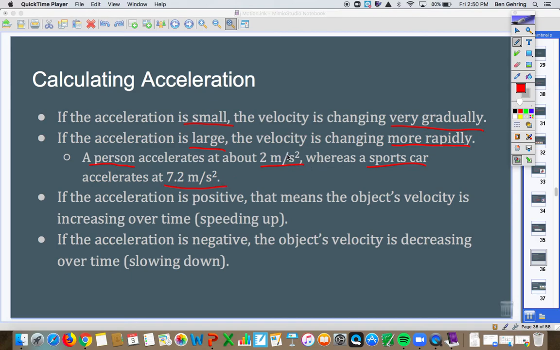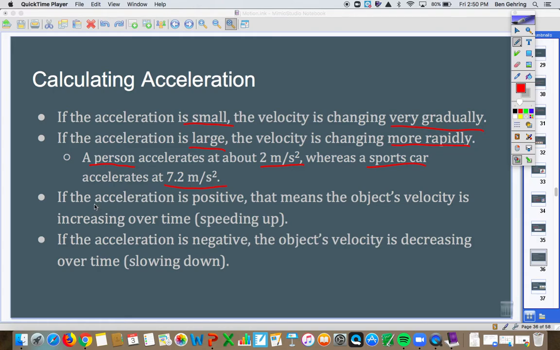So a person can go from 0 to 2 meters per second in about 1 second, and 2 meters per second to 4 meters per second in about 1 second. A car can go from 0 to 7.2 meters per second in 1 second, and from 7.2 to 14.4 meters per second in 1 second. That's a much bigger jump, a much more noticeable jump.